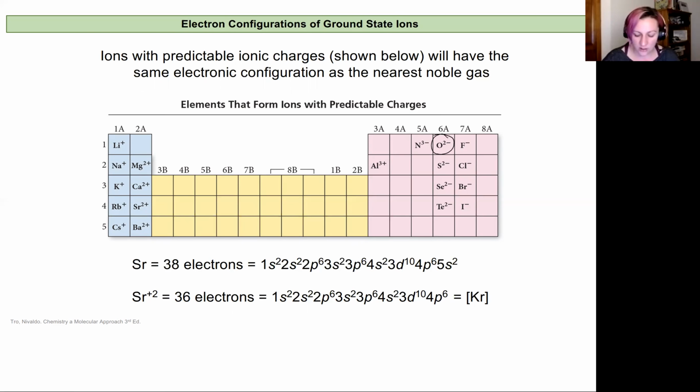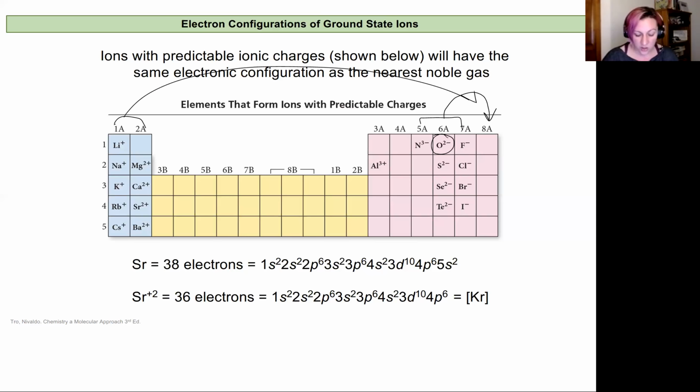Oxygen gains 2 electrons because that gives it the same electron configuration as a noble gas, which is more stable than oxygen's electron configuration because all of the orbitals are filled. So anything that's an anion will have the same electron configuration as its nearest noble gas. And anything that's a cation will have the same electron configuration as the noble gas in the n level above it, because it will be losing electrons rather than gaining them.